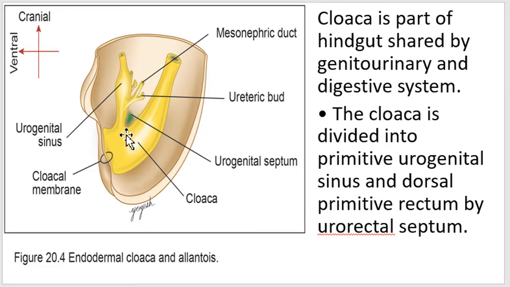So it divides the cloaca into a ventral segment and a dorsal segment. This anterior, ventral segment is known as the primitive urogenital sinus, and the dorsal segment is known as the primitive rectum.